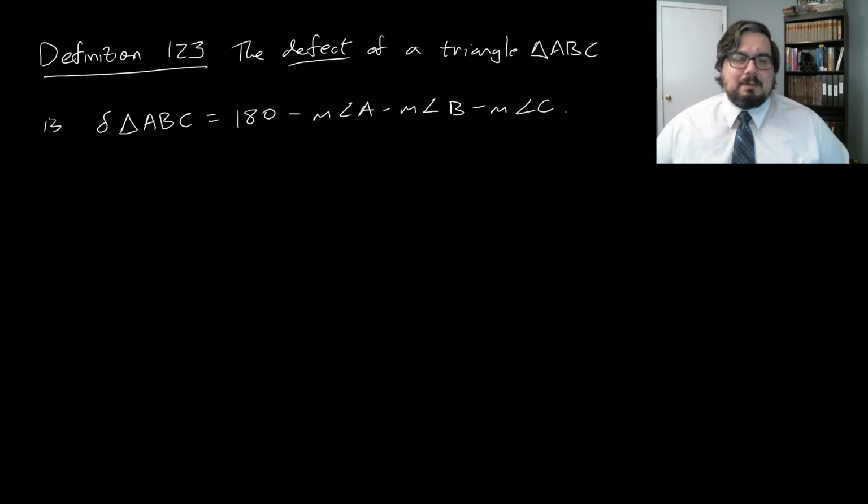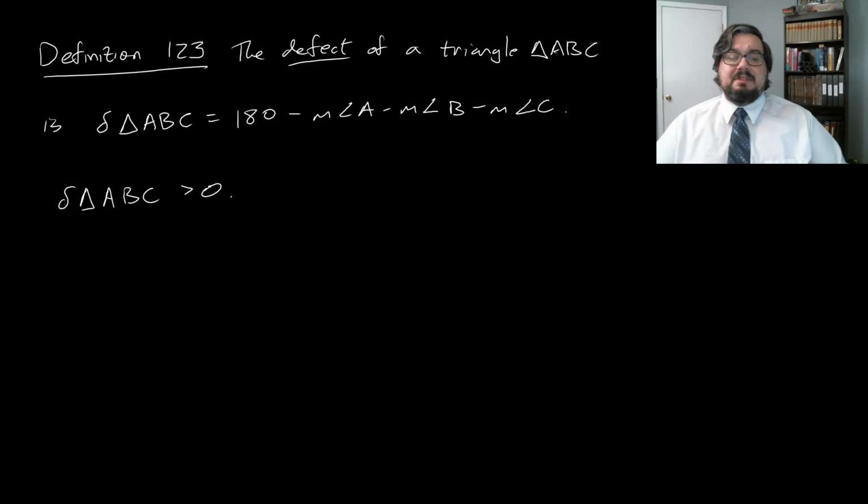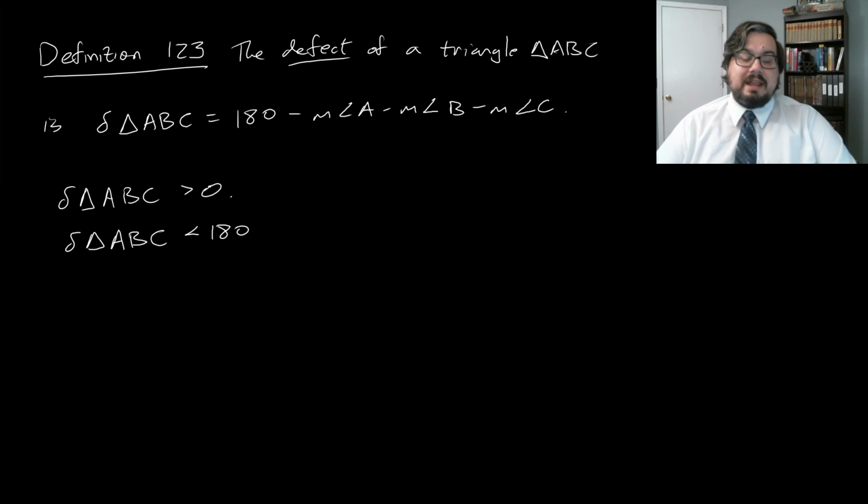Because we're working in hyperbolic geometry, the defect of any triangle ABC is always positive because the sum of the interior angles is always less than 180. Furthermore, the defect of any triangle is always less than 180. So the defect is always a number between 0 and 180.